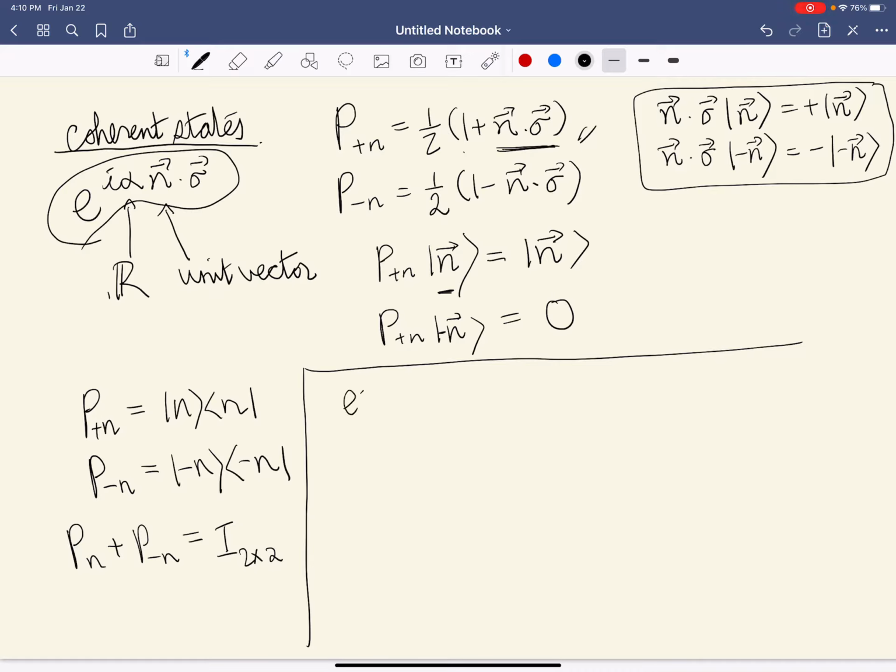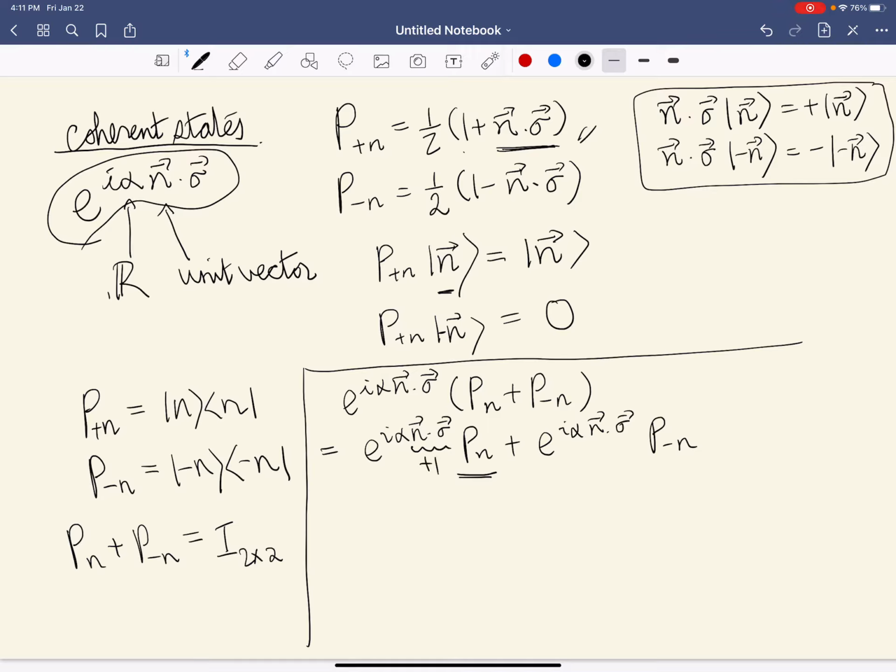Okay, so now let's play the same trick as before. I'm going to multiply basically a unit matrix to the right, like that, and then separate these into two different terms. Like that. And again, within this given eigensector, n dot sigma can be replaced by its eigenvalue plus 1.